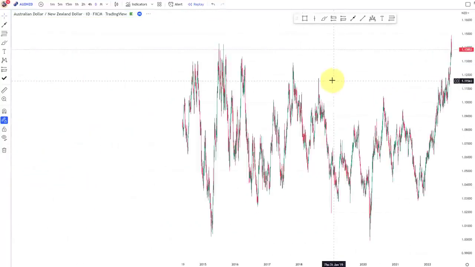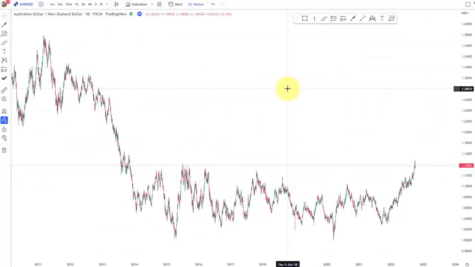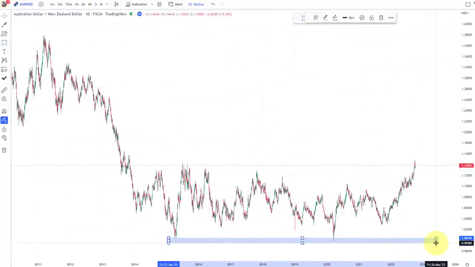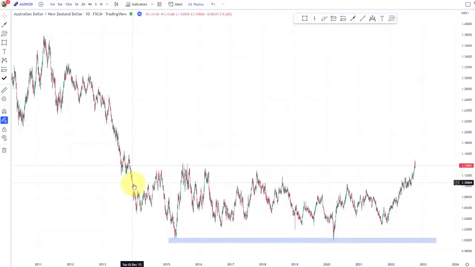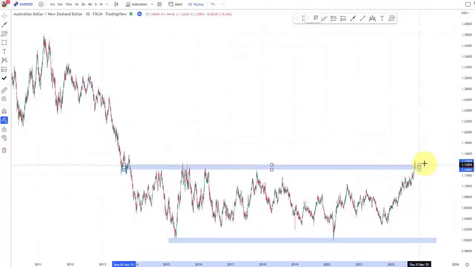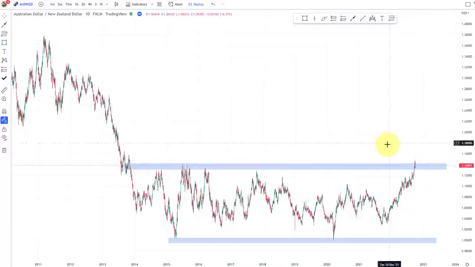What we can do is we zoom out, and when we zoom out, we can see that the market is in a very tight range here for years and years. You can see we pretty much moved into this zone 2014, and we have been bouncing in this range ever since. And whenever you come to an area of previous historic highs, that is something that a lot of traders will be aware of.